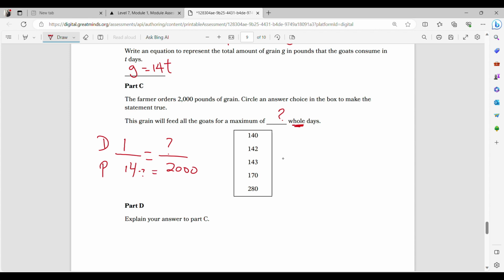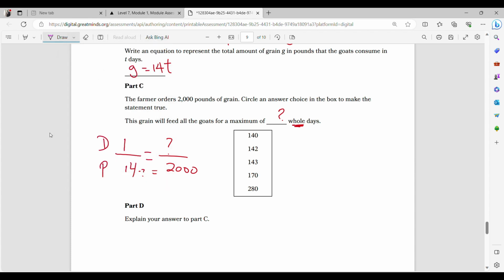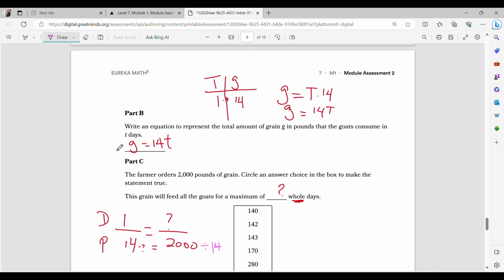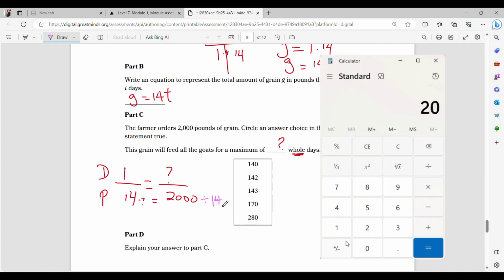Or, to figure out this rate, it would be 2,000 divided by 14. Yep, our X and Y. This is X, this is Y. Y divided by X. So 2,000 divided by 14 equals 142.85.